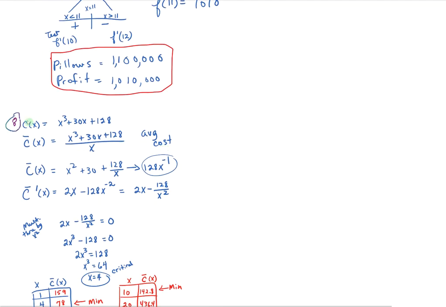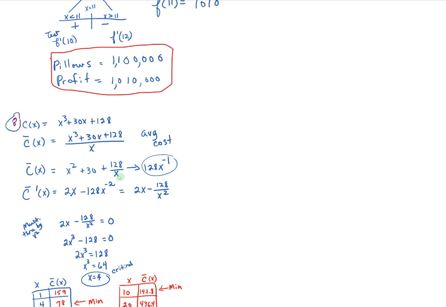So the cost function is here. And remember that when you have a cost and you're taking the average, you divide by the number of items. So the average cost of x items is, and this little bar over here means average, you divide this whole thing by x. So if I divide x into that, I get x squared, x into that, I get 30, and then I have 128/x.